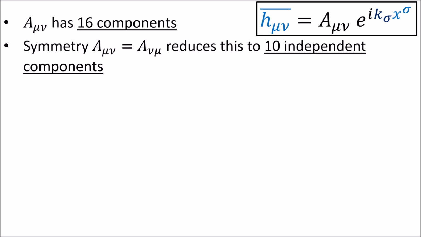So given this wave equation, the amplitude A has 16 components. As I said at the start of this video, there are really only two independent components. So let's see how we can narrow these 16 components down to two components. First, since gravitational waves are waves in the metric, and the metric is symmetric, the A matrix must also be symmetric.